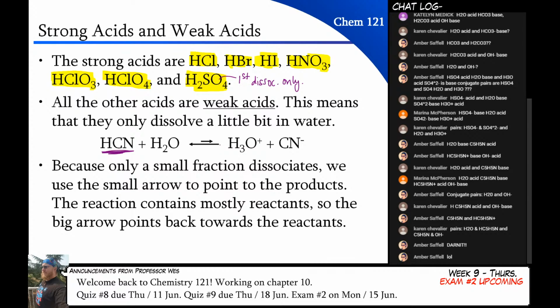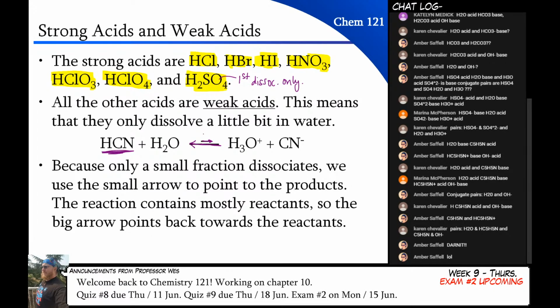So your textbook uses a big reverse arrow to say everything goes in this direction, but very little of it goes that way. And this is a little bit better. The common way to represent this is to just show a double arrow. So that's for strong acids and weak acids.